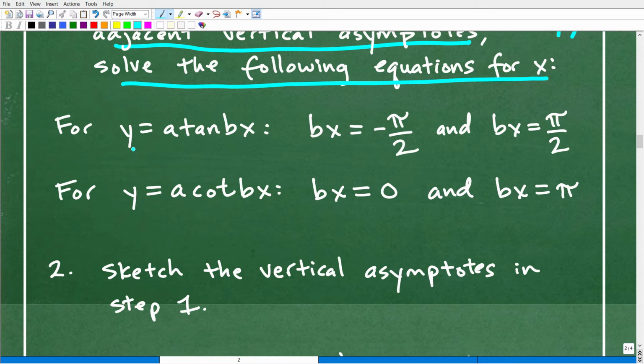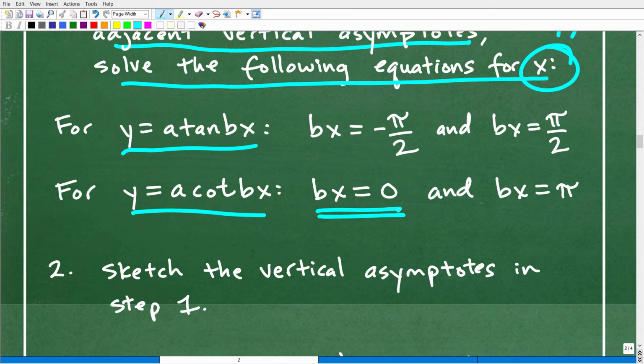So for tangent, I'll just cover tangent as well, although we're doing cotangent for this problem. y equals a tangent bx. bx is going to be equal to negative pi over 2, and bx is going to be equal to pi over 2. Remember, we're going to be solving these equations for x. And then for cotangent, we're going to be solving bx is equal to 0, solving for the variable x again, and bx is equal to pi. Again, b is the value that is in front of x.